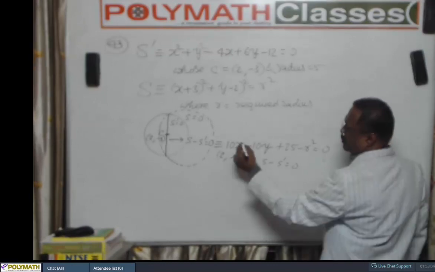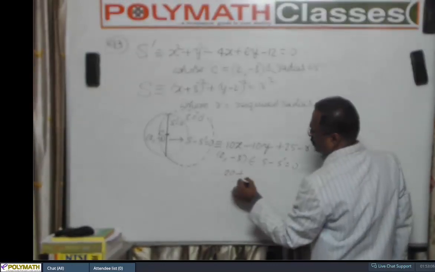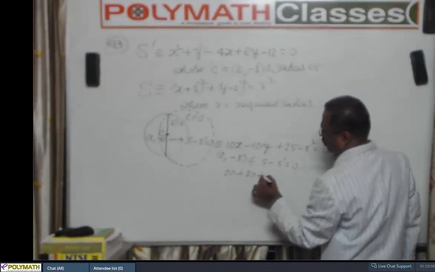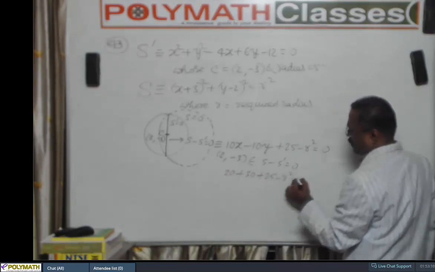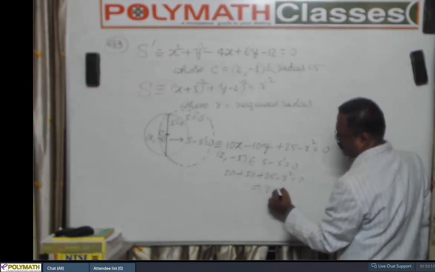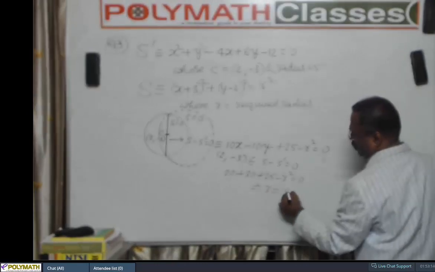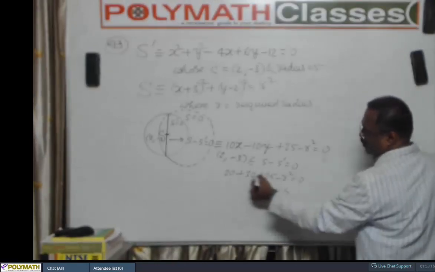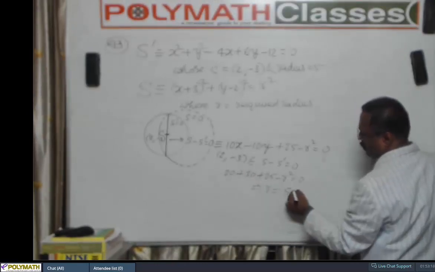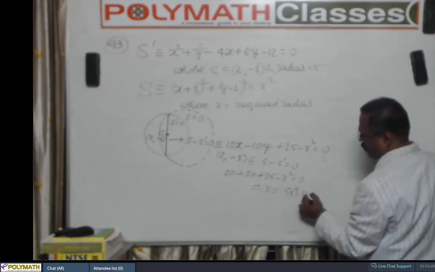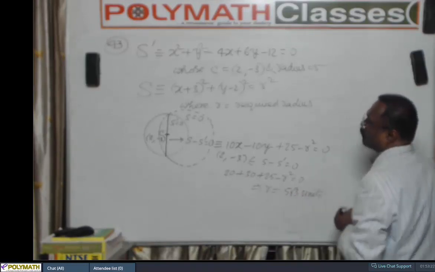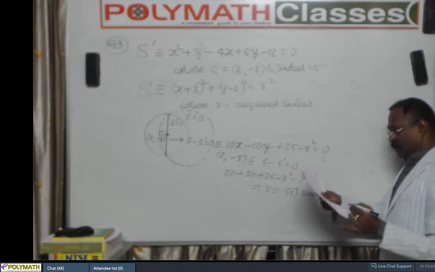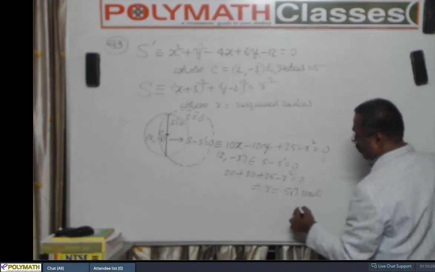Substitute there: 20 plus 30 plus 25 minus r square equal to 0. R is equal to root 75, which is nothing but 5 root 3 units, which is option number 4.